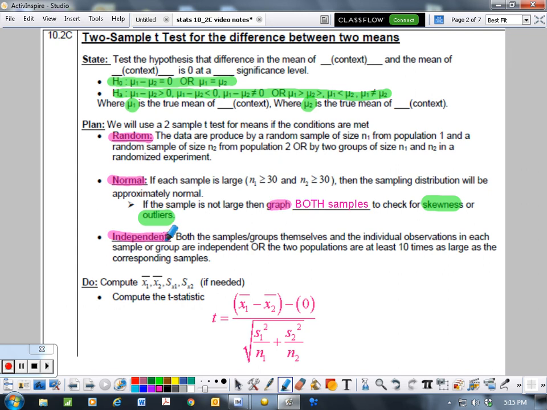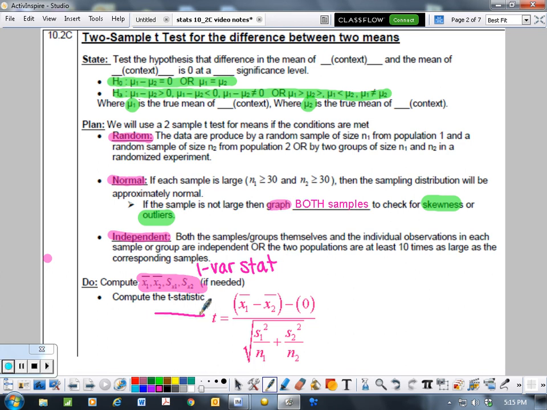Now, if they have not already calculated your mean and standard deviation, that's the first thing you need to do. And we do that through one-variable stats, if you did not remember. And then once you have that information, now we can calculate the t-statistic. So this is like a z-score, but really it's a t-score because our distribution is going to be a t-distribution.